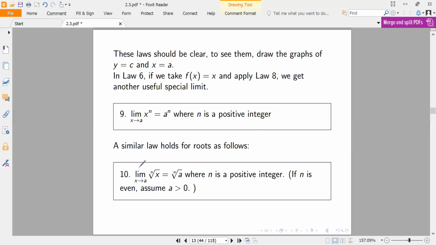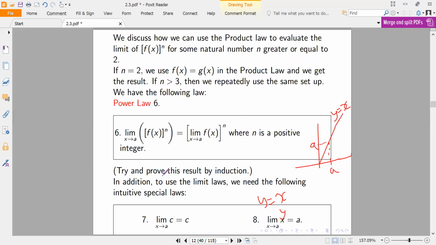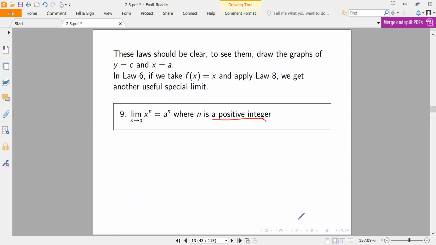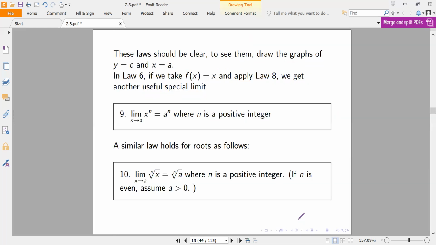We have another rule here, the one that talks about the radicals. It says the limit of x approaching a of the nth root of x is the same thing. Remember, from rule 8, we said the limit of x approaching a of x is a. So this rule number 10 builds on top of that.